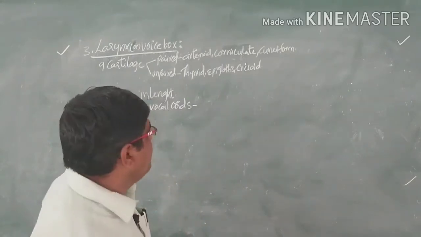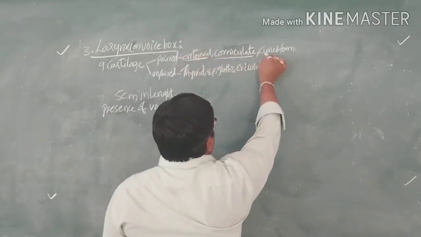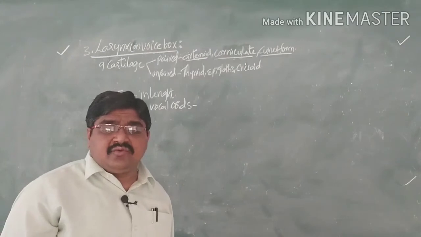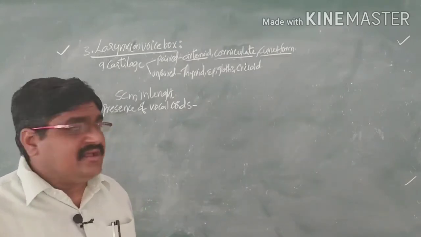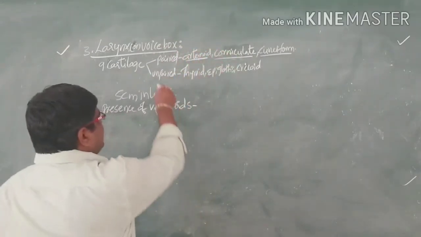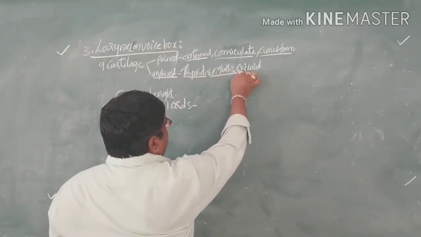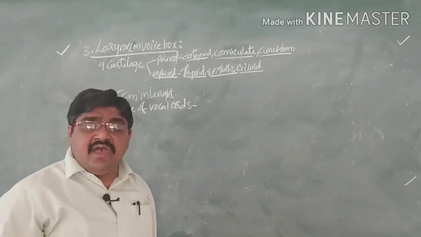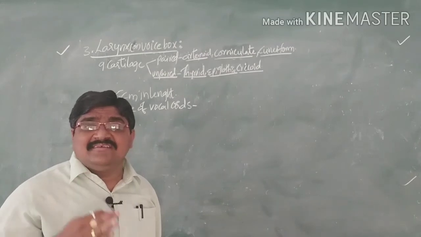The paired cartilages are the arytenoids, corniculates, and cuneiforms. Paired means there are 2 of each, so 6 in total. The unpaired cartilages are the thyroid cartilage, epiglottis, and cricoid. So we have 9 cartilages in total.